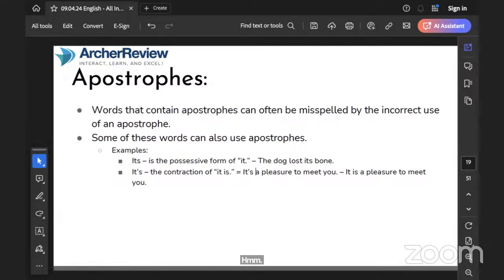If I were to have BASS, that could be pronounced as bass, like the fish, but I could also pronounce it as bass, and I mean a bass in terms of music. Like the bass drum was loud. So that's what I think you're asking me about. So that would be a homograph.